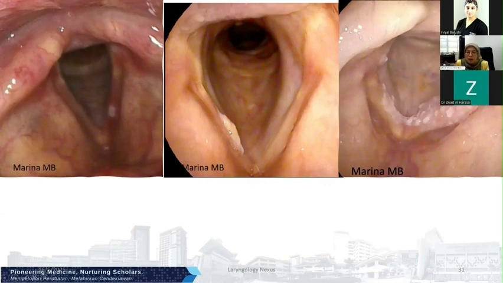The second one looks elevated but smooth, and this patient has been on my follow-up for 4 years already, and the patient still refuses biopsy. However, the third one is categorized under type 3 with corrugated, irregular appearance. This kind of case, you should not wait, and you have to persuade the patient to give consent for EUA and biopsy.